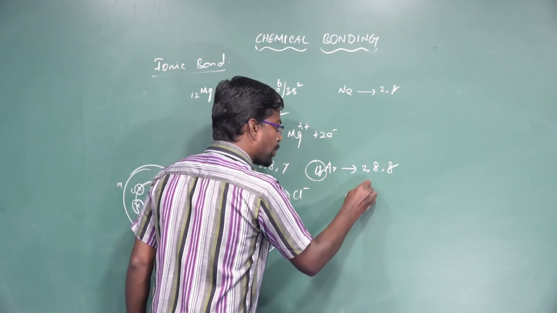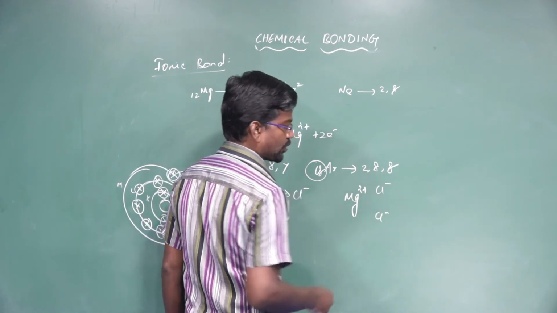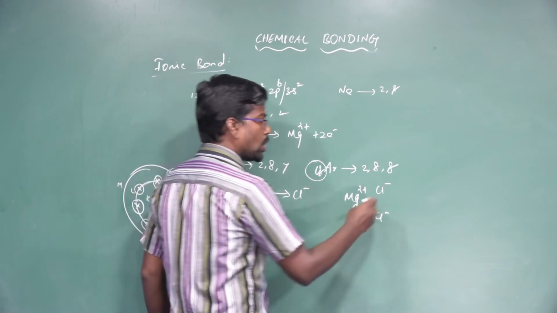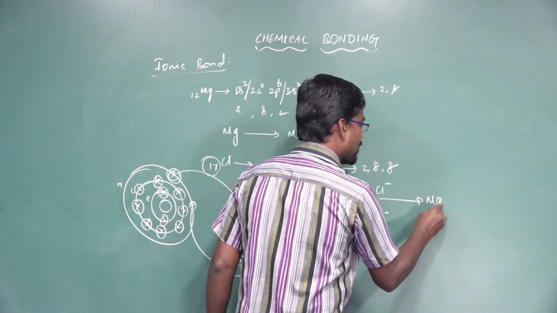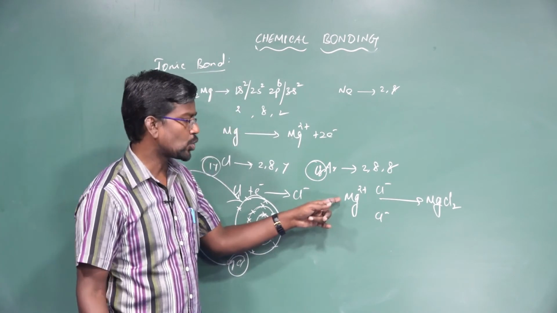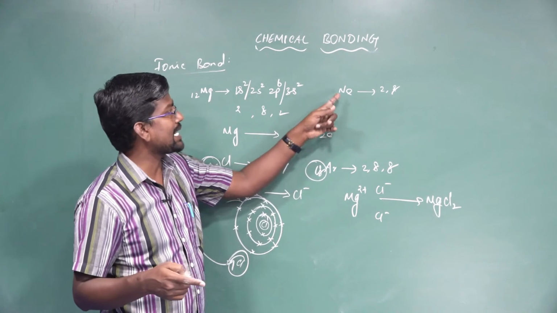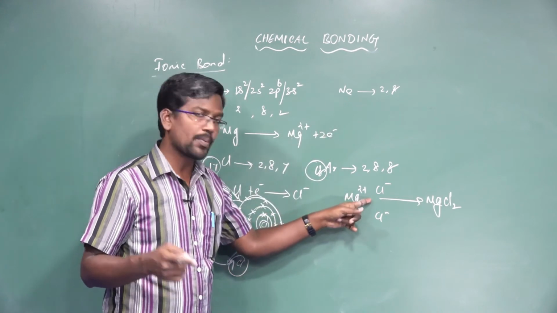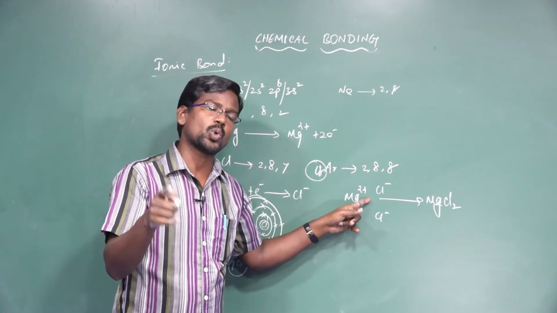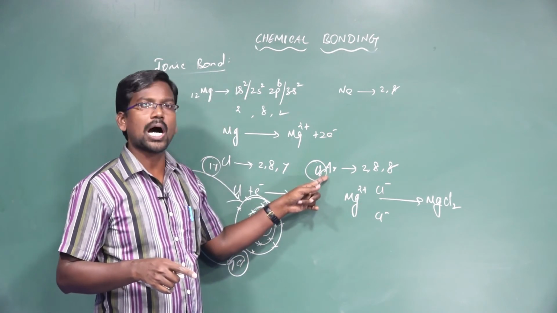So the magnesium 2 plus ion combines with 2 Cl minus ions to form magnesium chloride, MgCl2. The magnesium 2 plus ion attains the stable electron configuration of the inert gas neon. The Cl minus ion also attains the stable electron configuration of the inert gas argon.